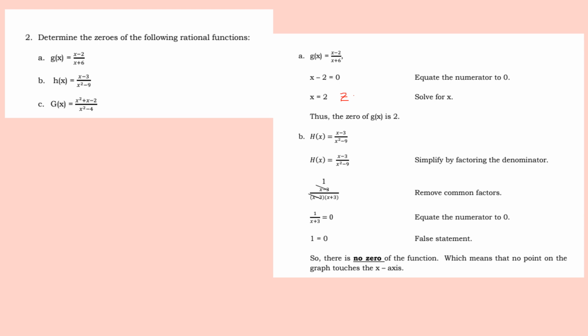Example number 2. Our h of x, small lang yan. I'm sorry, hindi ko nakita. H of x is equal to x minus 3 all over x squared minus 9. Hindi ka titingin lang doon sa numerator. Kasi, pwede pang isimplify yung x minus 3 all over x squared minus 9. Paano? Kuhanin mo yung factors ng x squared minus 9.